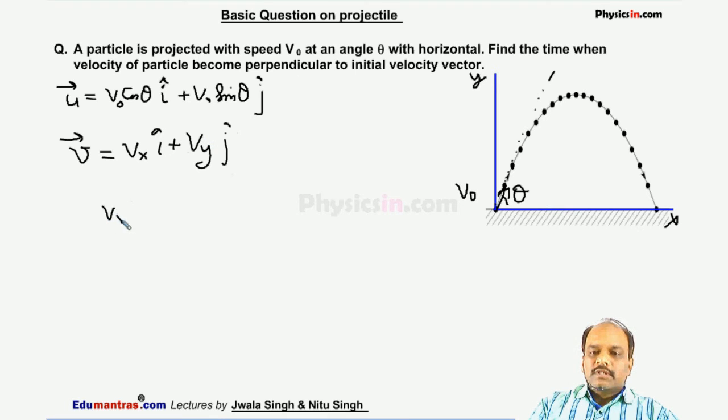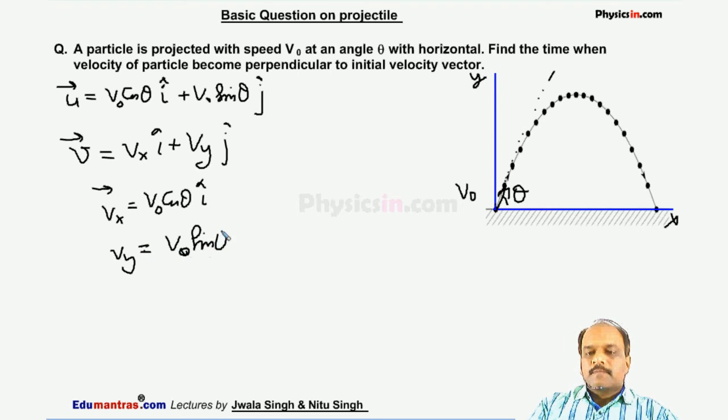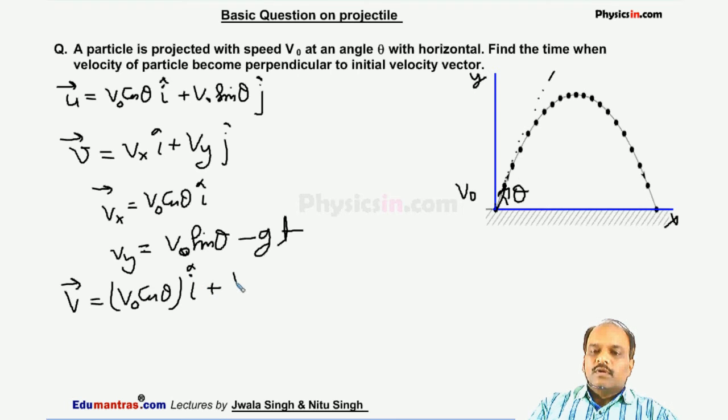We also know Vx is equal to V0 cos theta, Vy is equal to V0 sin theta minus gt. So the velocity at that instant is V0 cos theta i cap plus V0 sin theta minus gt j cap. This is the initial velocity and this is the velocity at any time t.